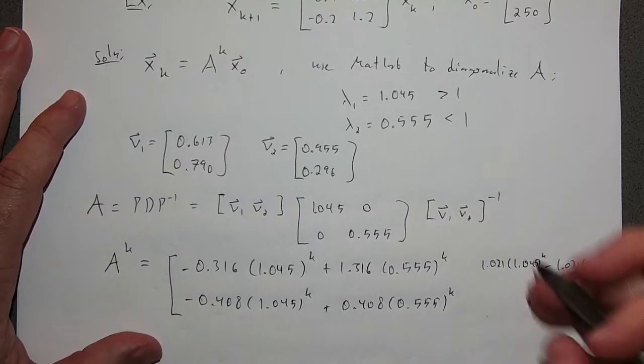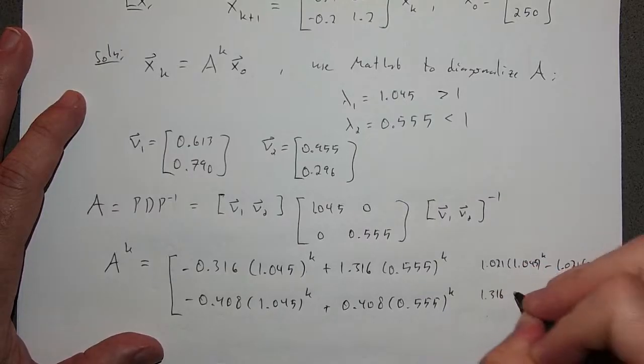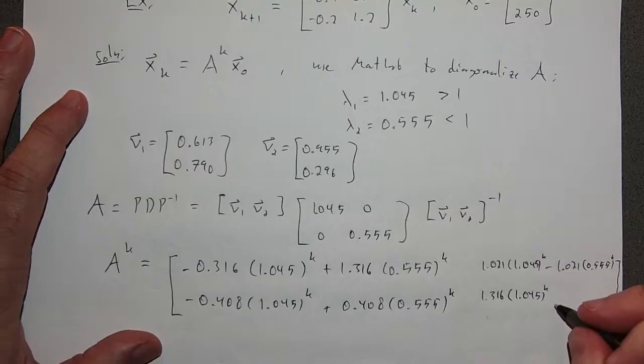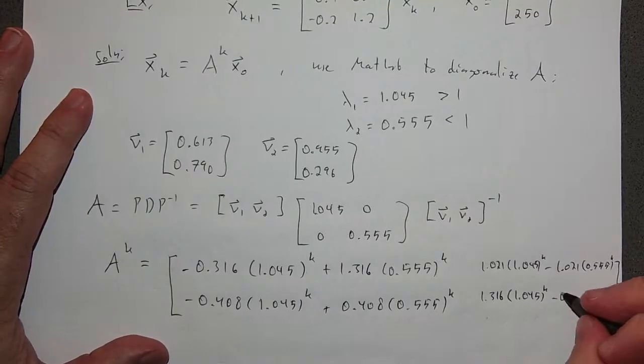And then this last entry here would be 1.316 times 1.045 to the k minus 0.316 times 0.555 to the k.